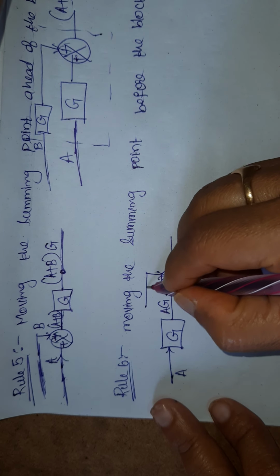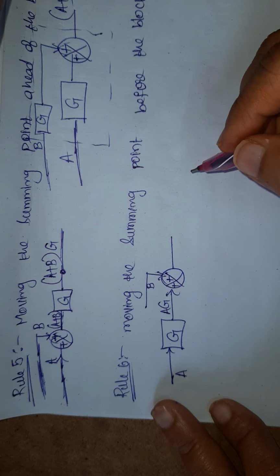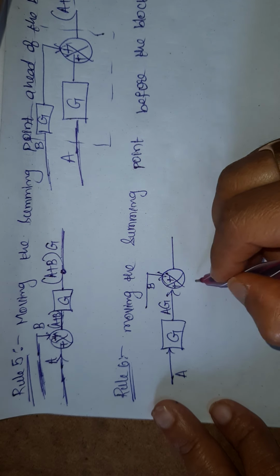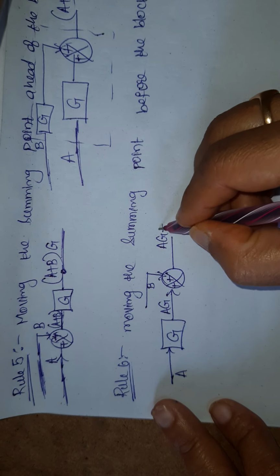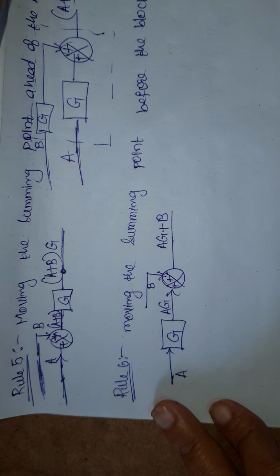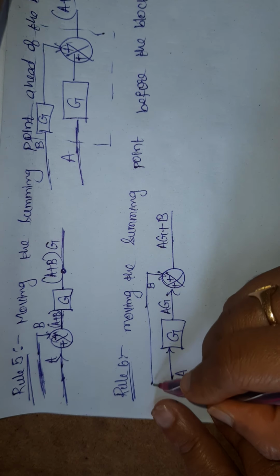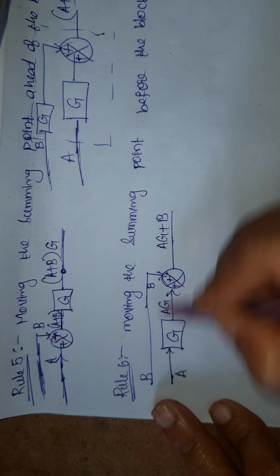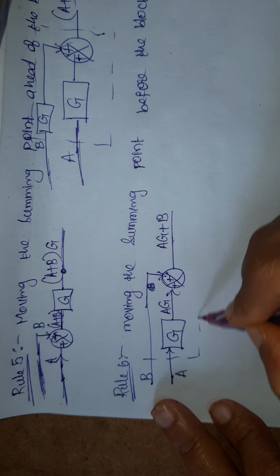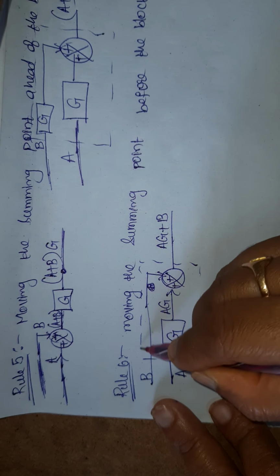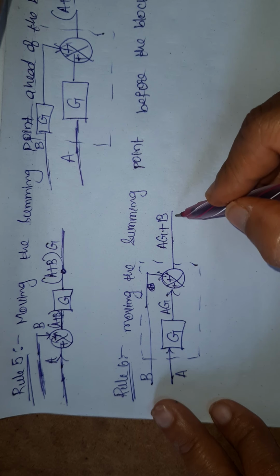Here it is B. Then what is the output? AG plus B. Like this I am having. So these are the inputs A, B, and this is the output.